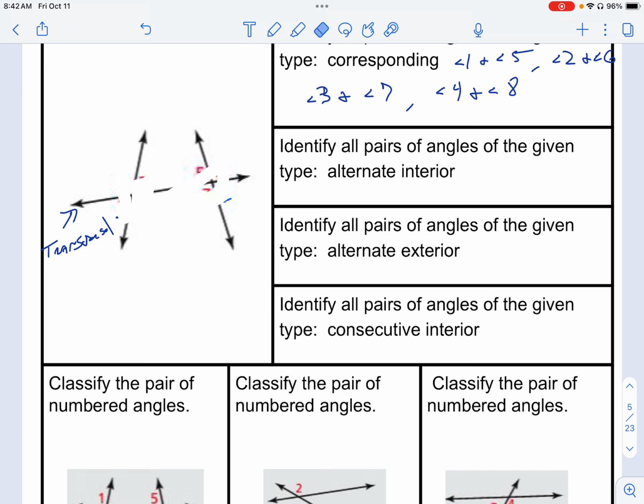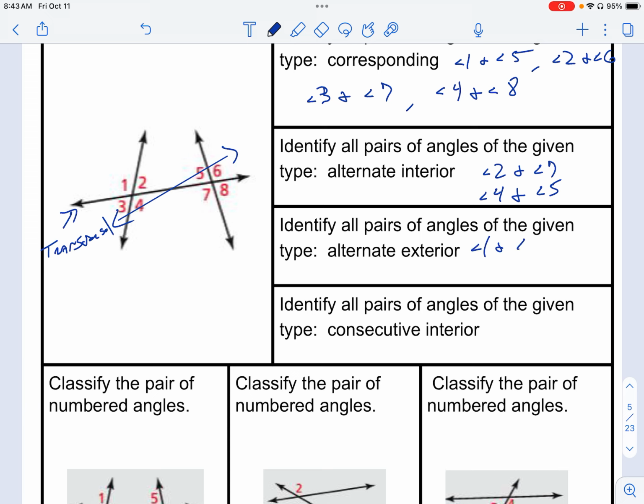Okay, now alternate interior. And the words tell you what to do. Alternate changes sides, interior inside the lines. So we get angle 2 and angle 7, angle 4 and angle 5. Alternate exterior, outside the lines, crosses the transversal.